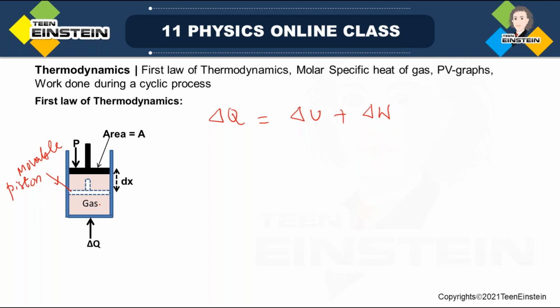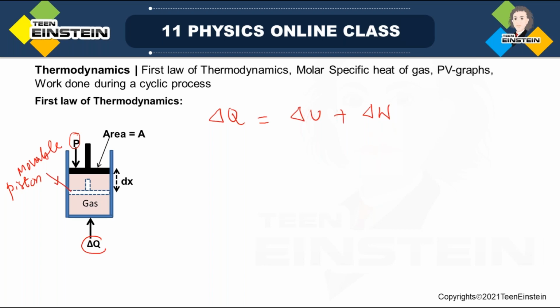The gas is inserted in a cylindrical container which is fitted with a movable piston, generally taken as a massless and smooth piston, so that no energy loss happens during the movement of the piston. Now a constant pressure is applied on this gas, because this piston is there.